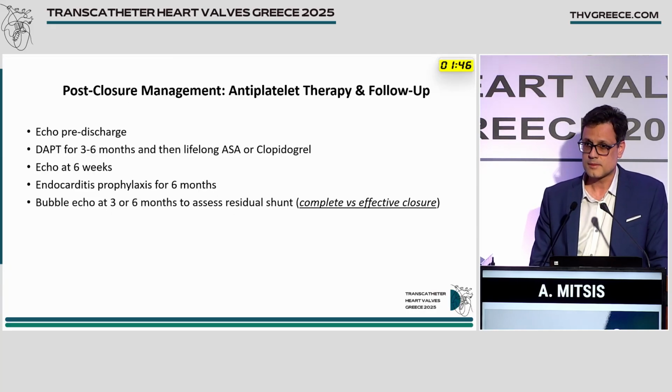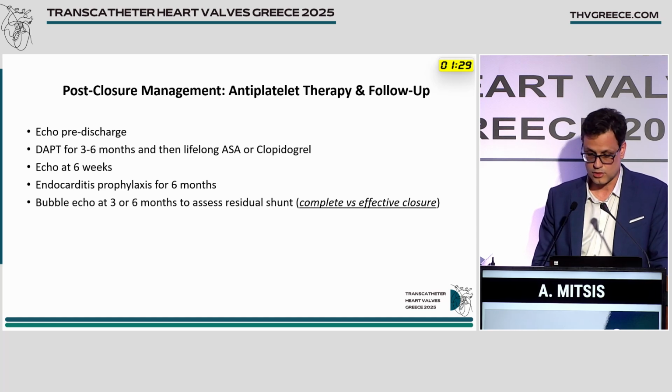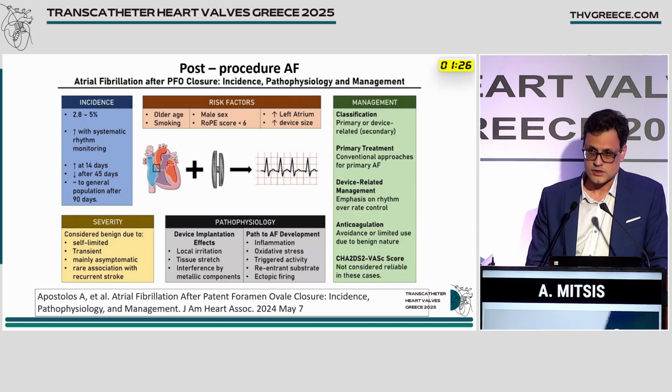After the procedure, the patient should stay on dual antiplatelet therapy for 3 to 6 months and lifelong on aspirin. And we have, of course, to follow up the patient with a bubble test at 6 to 12 months to assess the effective or complete closure. And of course, a brief comment about the post-procedure AF.